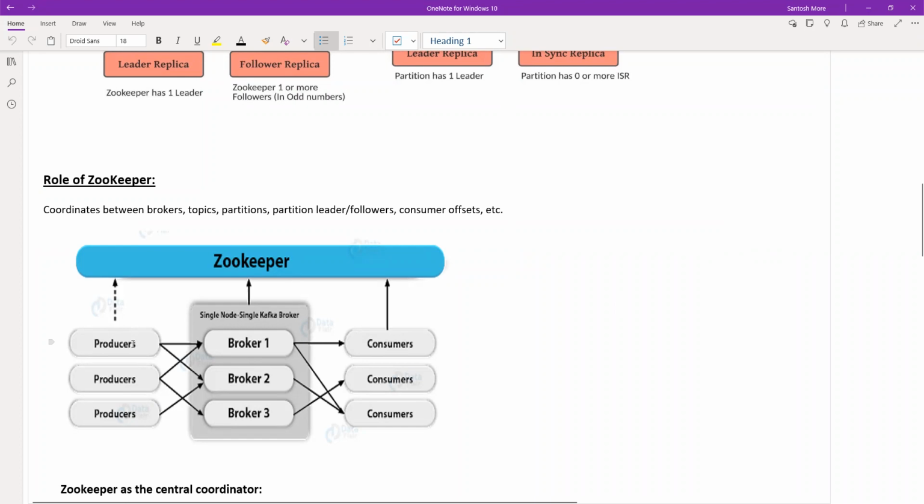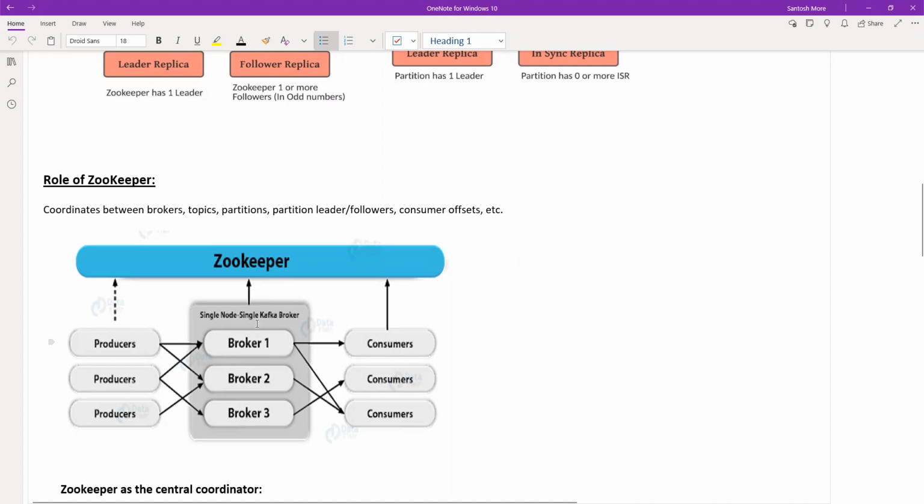So whenever a producer interacts with the Kafka cluster, it comes to know from the Zookeeper which of the brokers are alive and which are not, because all the brokers keep sending heartbeats to the Zookeeper, and that is how it gets the information about which broker is alive.